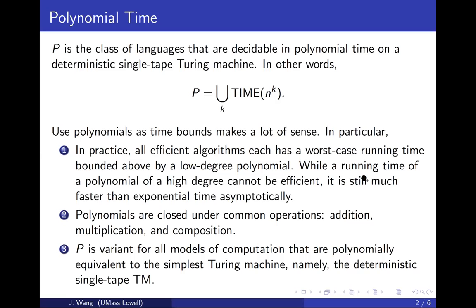While a running time of a polynomial of a high degree cannot be efficient, such as a very, very high degree polynomial like n to the 1 million power, that is not efficient at all, but it is still much faster than exponential time asymptotically because, as we saw in the previous video, even n to the 1 million is still asymptotically little o of 2 to the n, right?